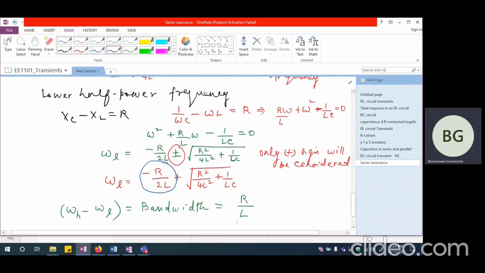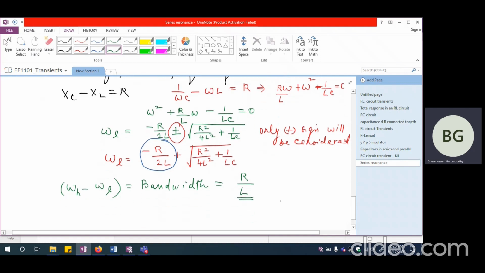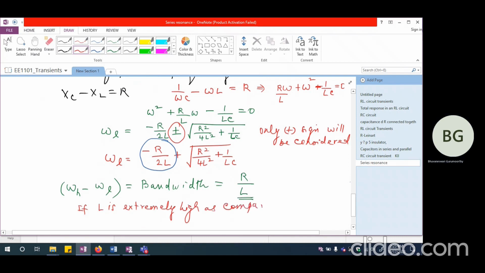If a particular coil has a very large inductance as compared to the resistance, it will have a small bandwidth. That means the coil is going to be extremely selective. So if L is extremely high as compared to R, then the bandwidth is small.